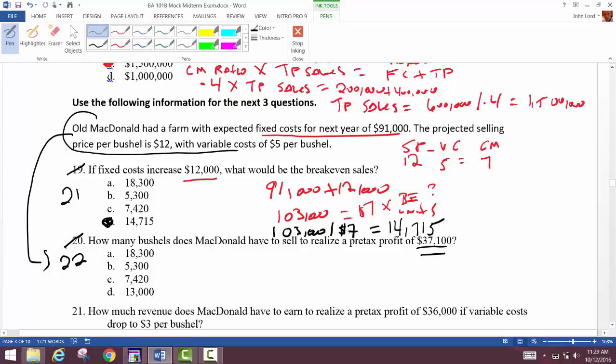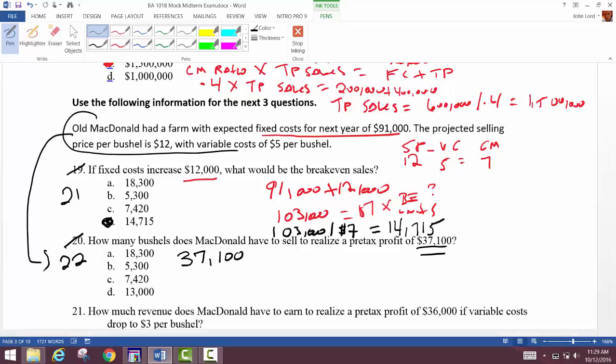So we said, well, what happens if we want a profit of 37,100? I don't know who decides to have a profit of 37,100, but that sounds like a good number for my profit.